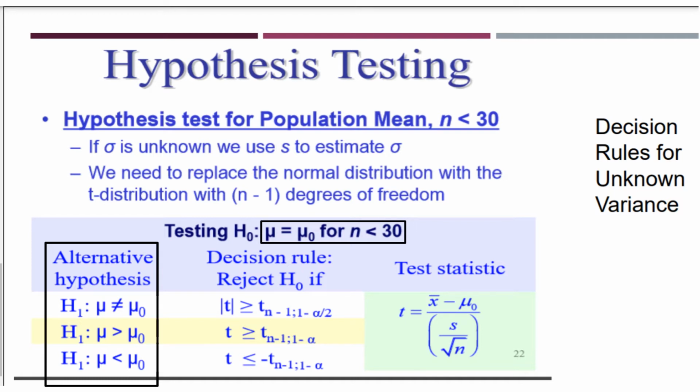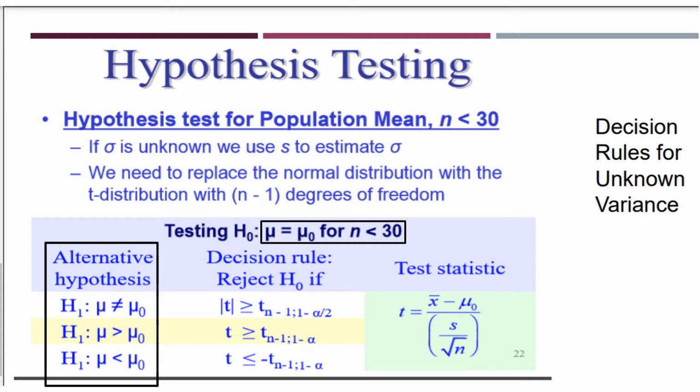For our null hypothesis, the true mean is equal to the hypothesized mean, just like the z. And for our alternative hypothesis, it can be not equal, it can be greater than, or it can be less than.